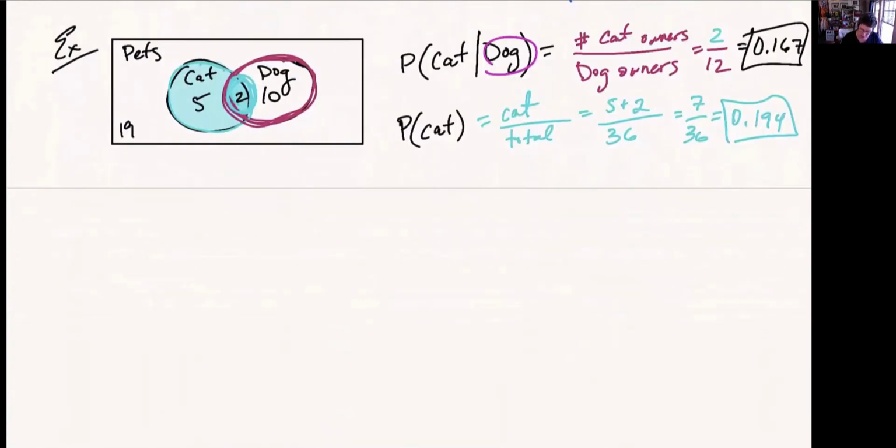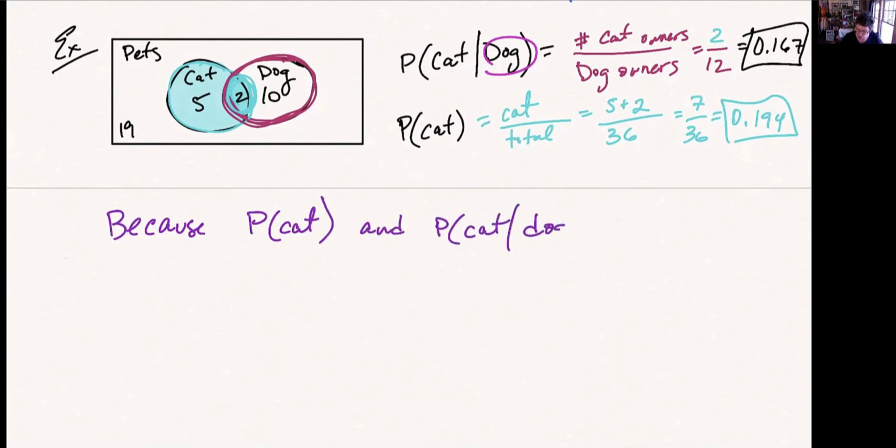Because the probability of owning a cat and the probability of owning a cat, given that you already own a dog, are not the same, I know that these two events are dependent. They are not independent, they are dependent.